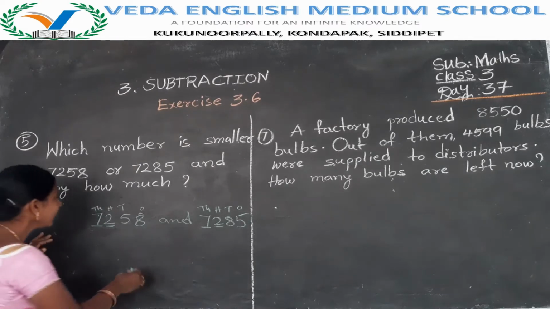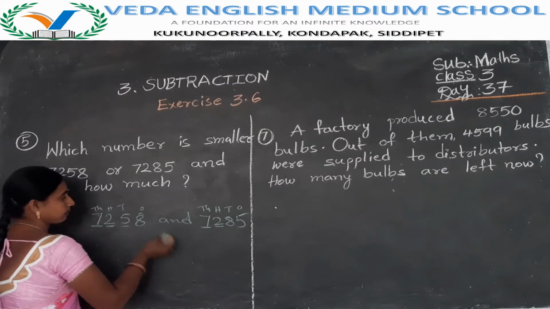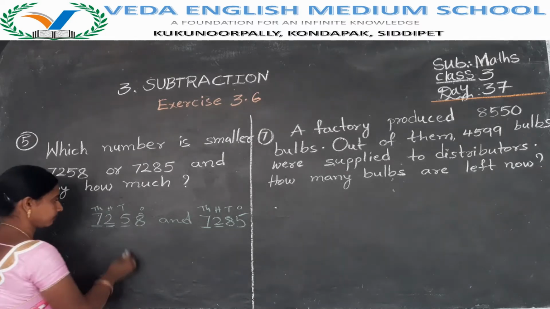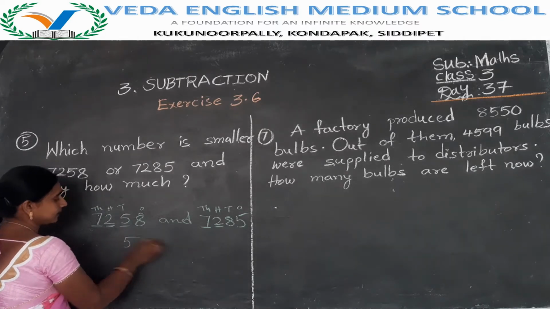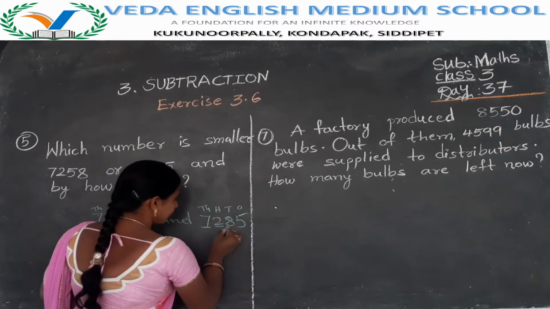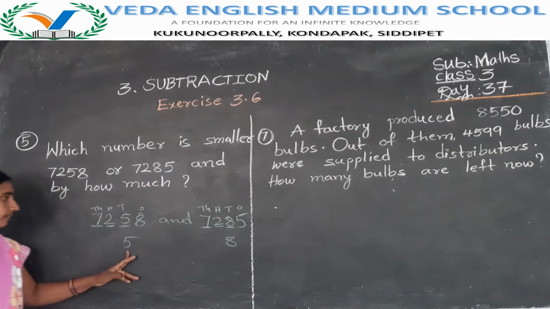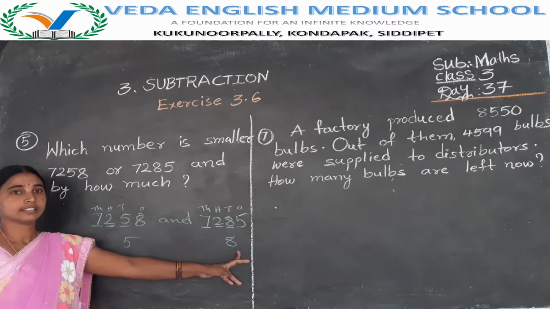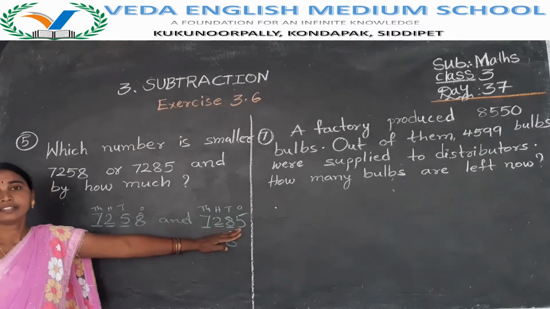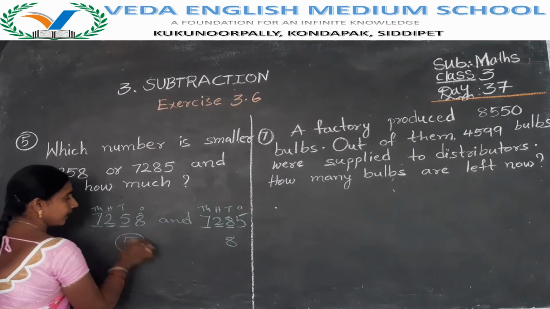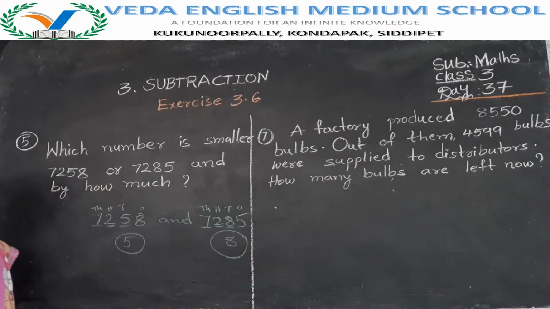Next, go to the tens place. In this number, tens plus 5. In this number, tens plus 8. Here 5, here 8. In the tens place, different digits.